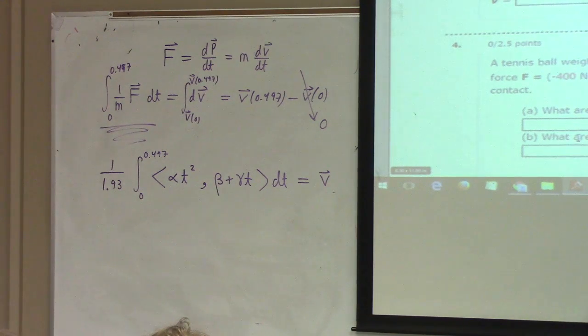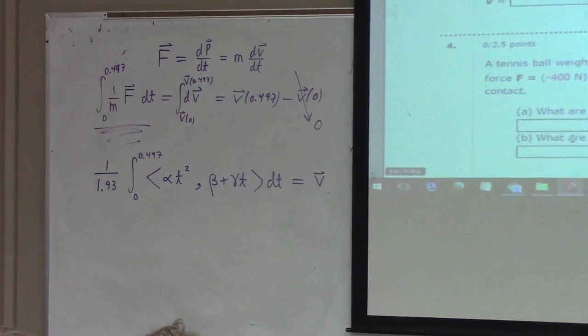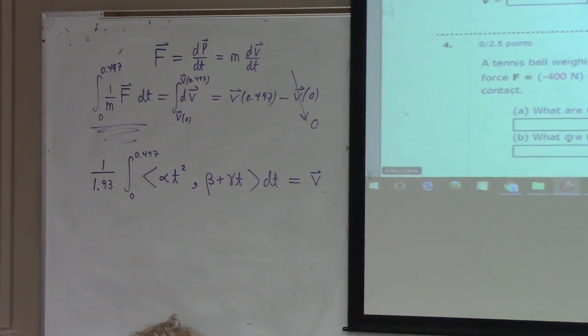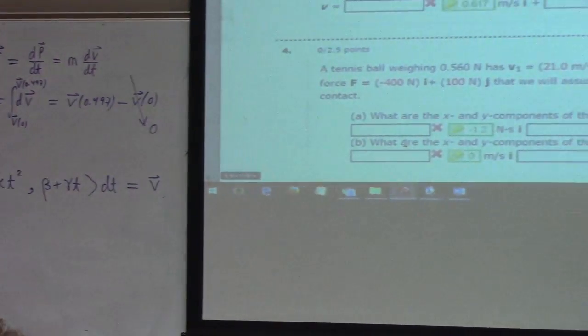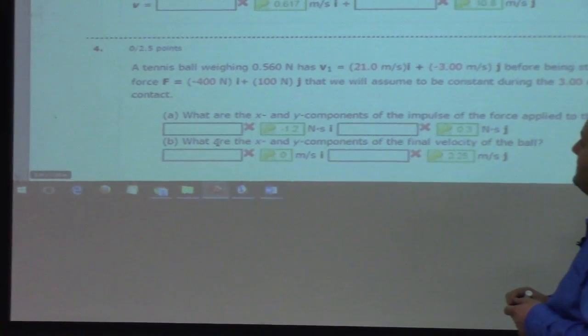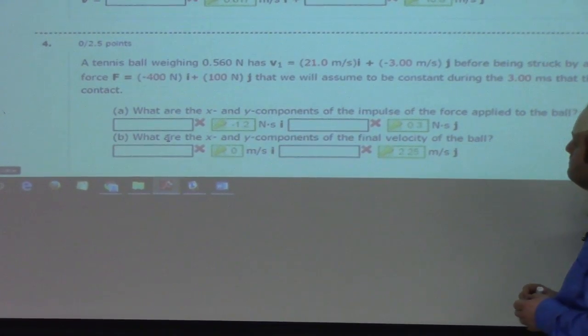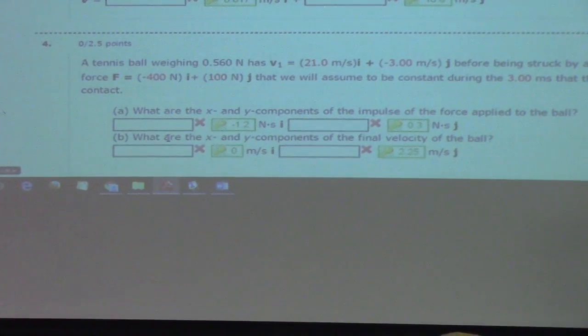Other questions? Is there a way of doing that without doing integrals, by doing it by the x and y momentum? I don't think so. This is a variable force. Is it a variable force? Well, yes. It's got a time dependence, the t squared and the gamma t term.